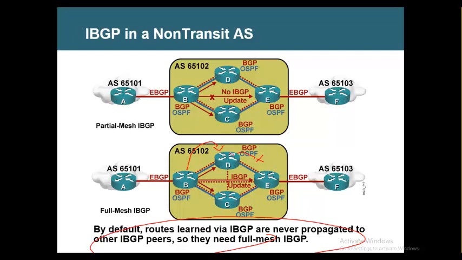To override that, we can say no, it's okay. You can tell D it is okay. Give it. Reflect it. After all, E is your client. You can reflect it. In that way, also you can override.